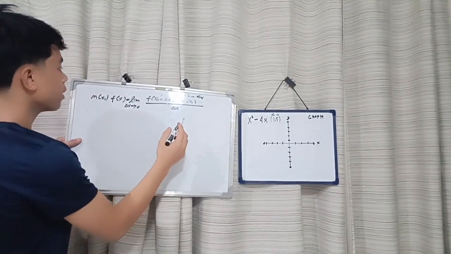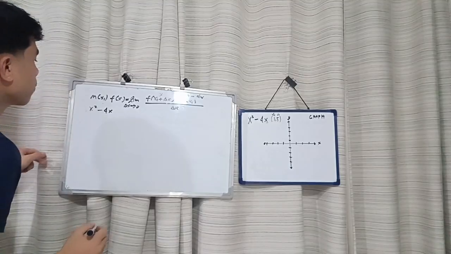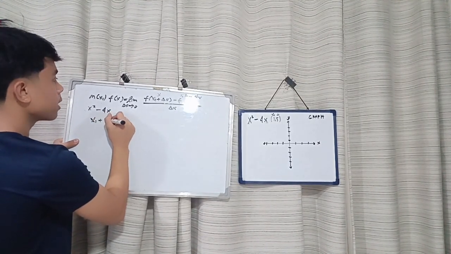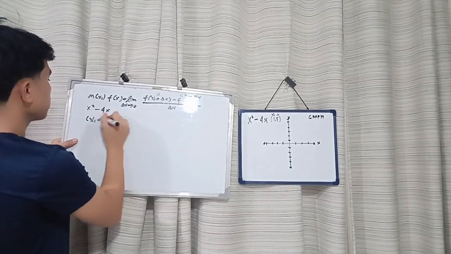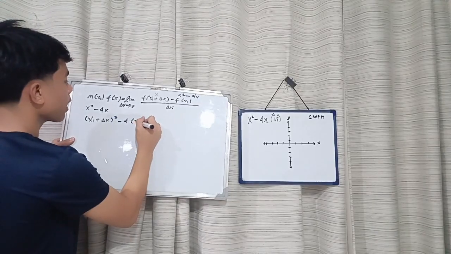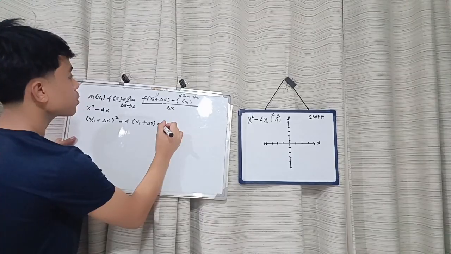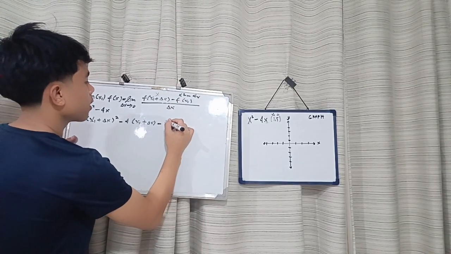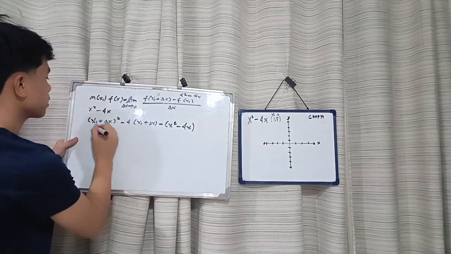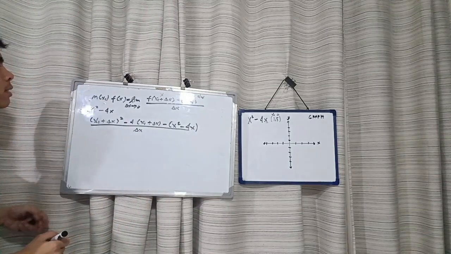Since our given is x squared minus 4x, we can copy the x squared. So, x sub 1 plus delta x, squared, minus 4 times x sub 1 plus delta x, minus x squared minus 4x, over delta x.